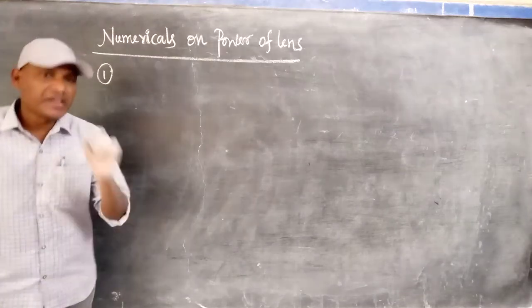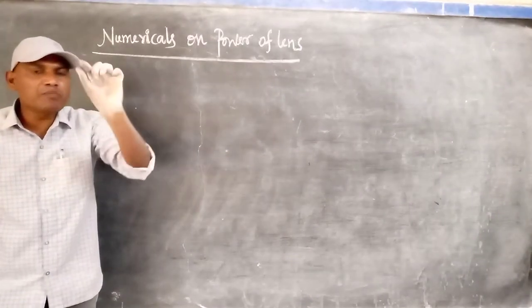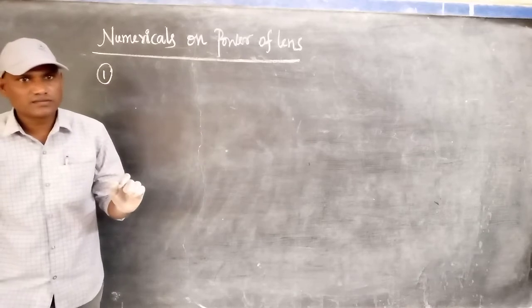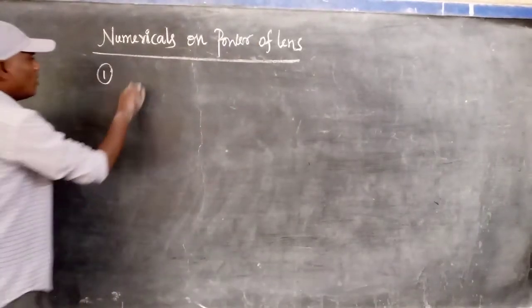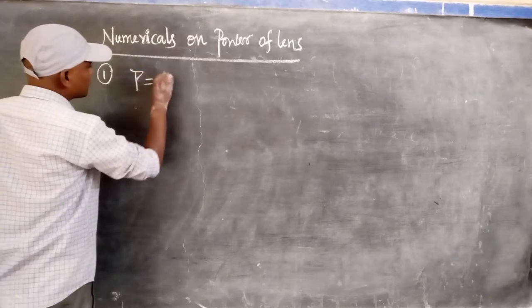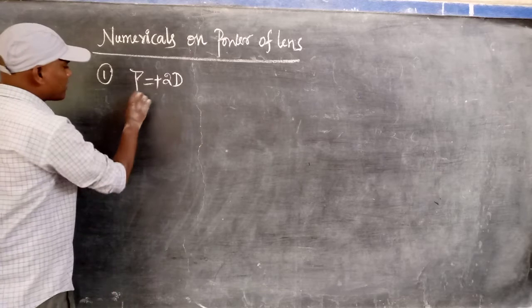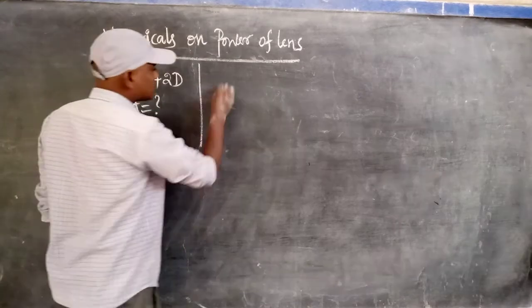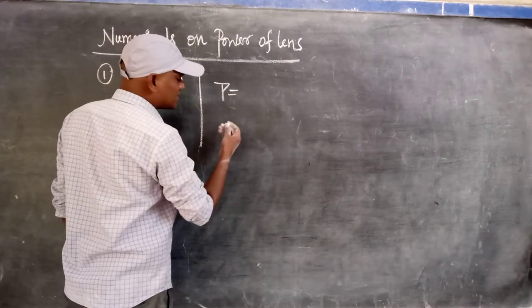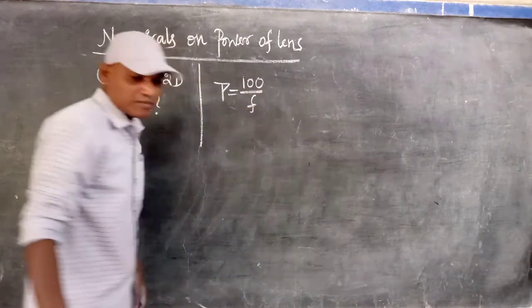Listen very carefully. The power of the lens is 2D, which is plus 2D. You have to find the focal length of the lens. We know the formula: power of lens is equal to 100 upon F in centimeters.